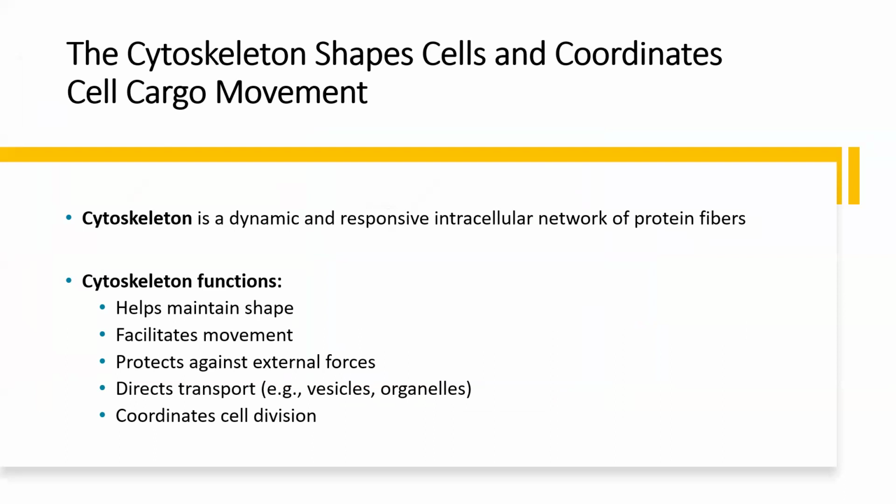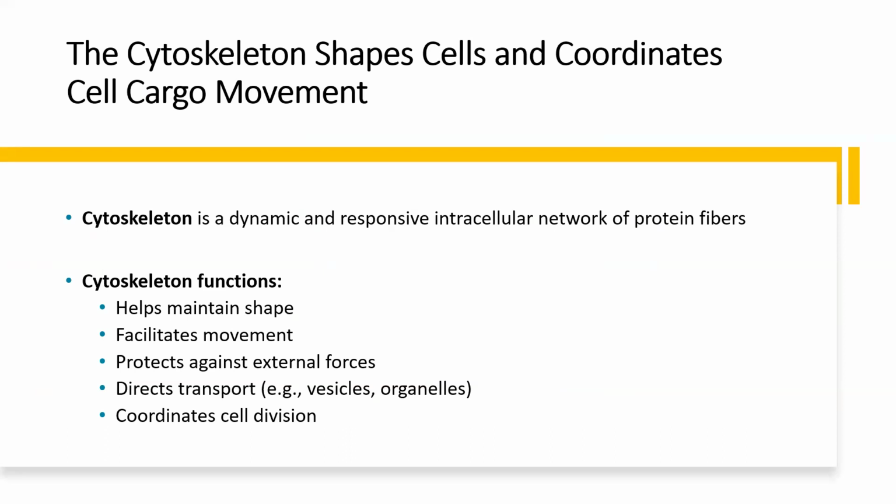Now, the cytoskeleton is going to shape the cell as well as play an important role in moving cargo throughout the cell. It's very responsive, and it's made of proteins, right? So the cytoskeleton is made up of different types of proteins that make these filament structures.